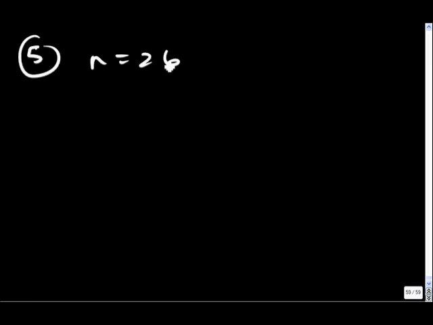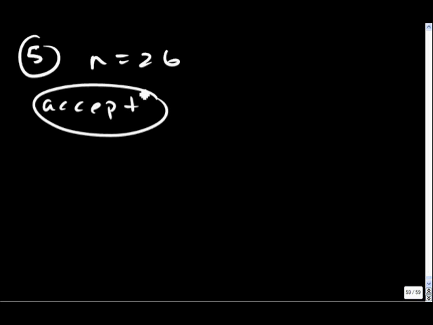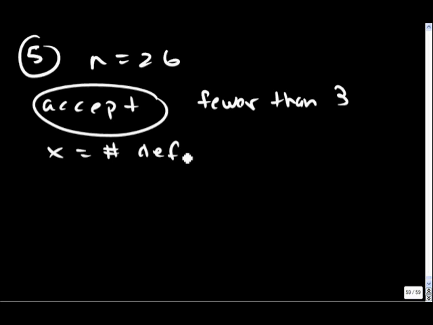They're going to accept the batch if they find that fewer than 3 are defective. Let X equal the number of defective components. So fewer than 3 means simply X is less than 3.